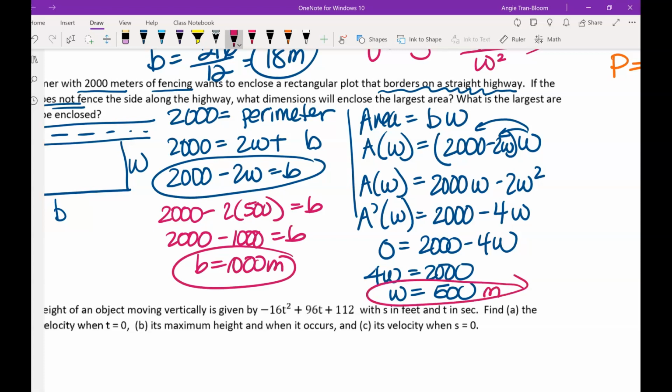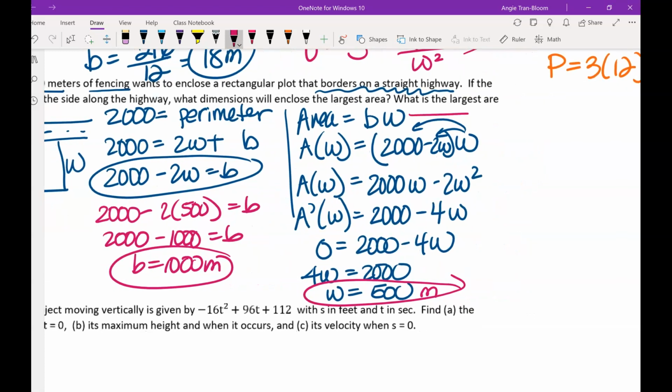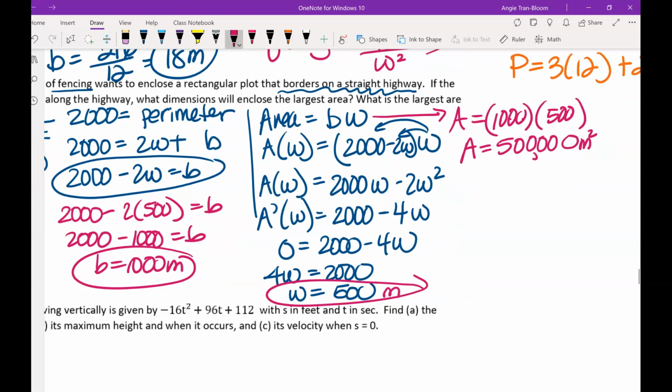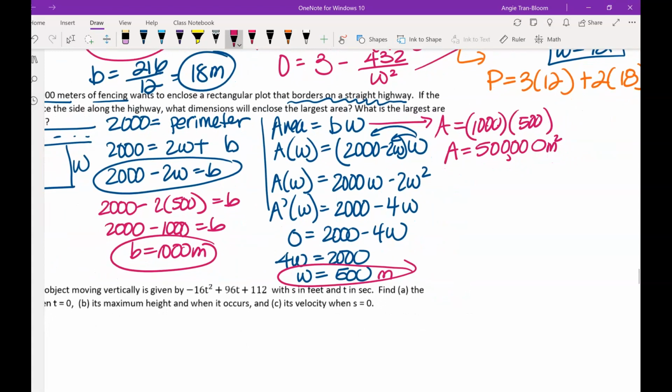This is all meters, and it's looking for the largest area. So we have the base, we have the width. Area equals 500 times 1,000. So area equals 500,000 meters squared. So let's write that out, guys.